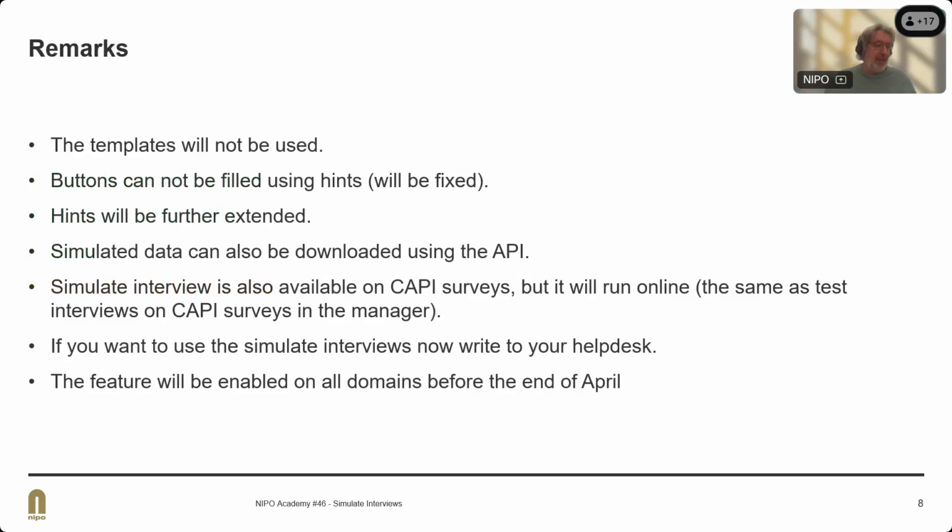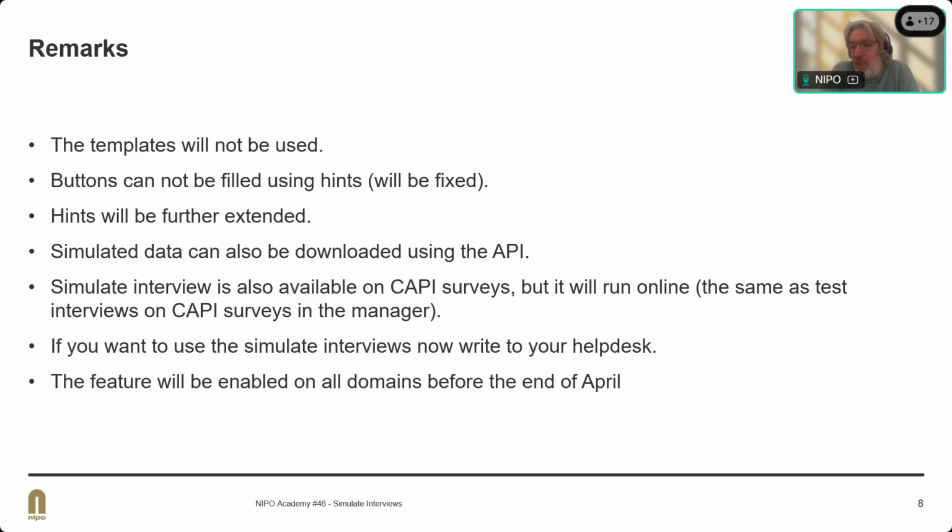Remarks. As said, the templates will not be used. Buttons cannot be filled using that hints file. That will be fixed. The hints will be further extended, as you might already have gathered from what I've shown you. If you have a very long list of codes and you want to fill in probabilities for each of those codes, that could become quite bothersome.